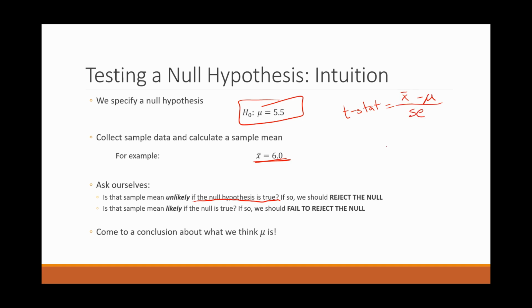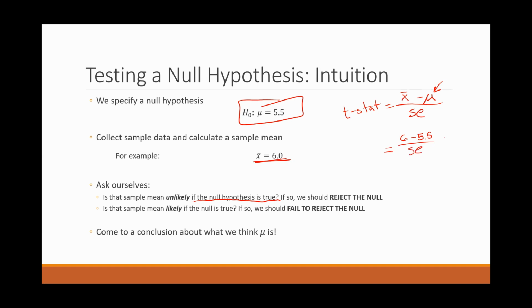What we're going to do is take our sample mean and put it in there, and then bring in our hypothesized value of mu. That is where this mu is going to come from. We use our hypothesized value of mu and then divide by the standard error, which we can calculate.